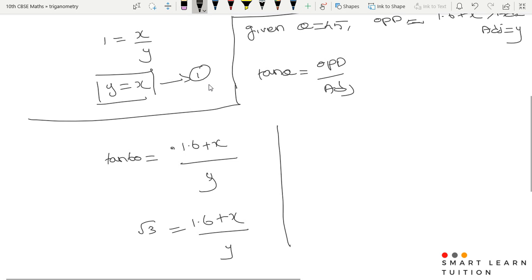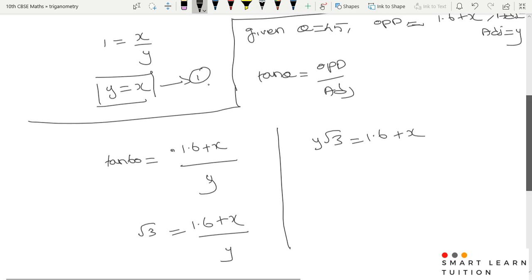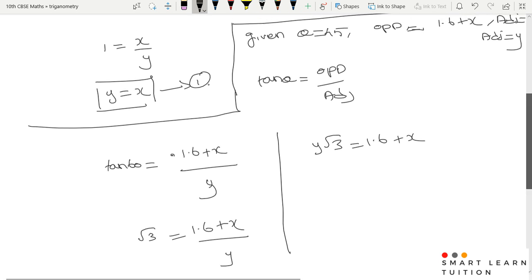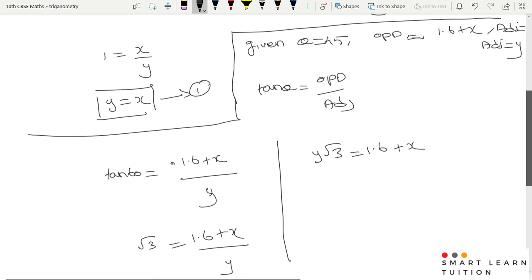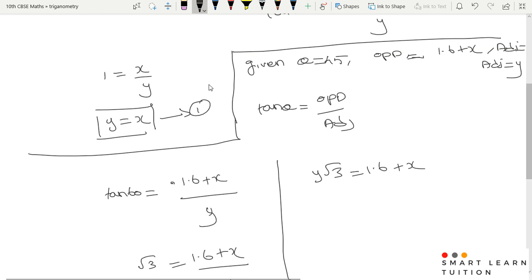Next step, we take y to this side: y root 3 equals 1.6 plus x. Now we substitute from the first equation, where y equals x. In the first equation we found y equal to x, so instead of y we put x.